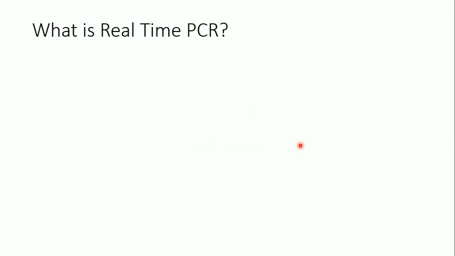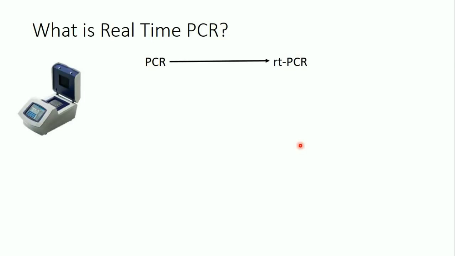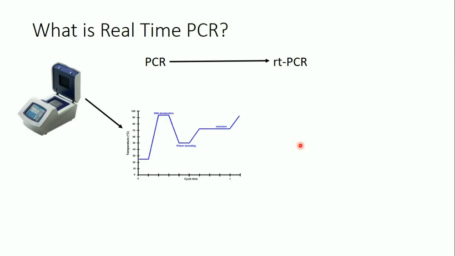Real-time PCR is basically a modified technique from PCR. So what's the difference? As I told you in the previous video, PCR is a thermocycler. So it performs a thermocycle by heating up and cooling down the temperature in 3 steps, which are the DNA denaturation, then primers annealing, and then the DNA extension, which these 3 steps represent one PCR cycle.